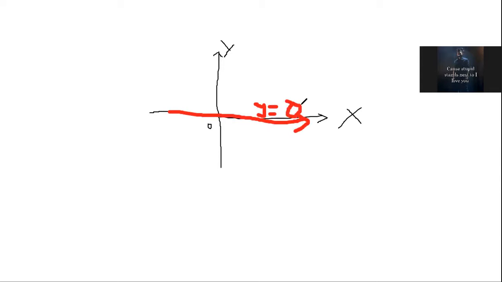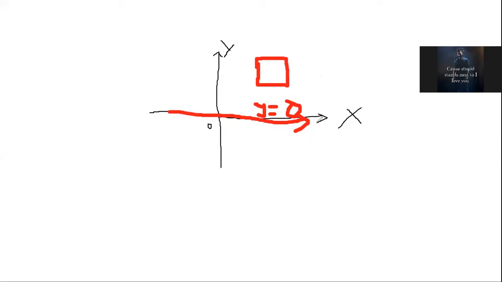We need to find the image, which means that if you have an object, let's say a square in the first quadrant, and you want to reflect this in the x-axis, your y equal to 0 becomes the mirror line.